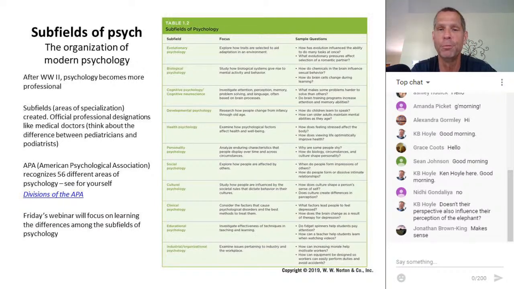I am a group psychologist. It turns out people act one way when they're by themselves, but depending upon who they're around, their behavior radically changes. I study things like peer pressure, culture, and how people make decisions as groups. So I'm what you would call a social psychologist.